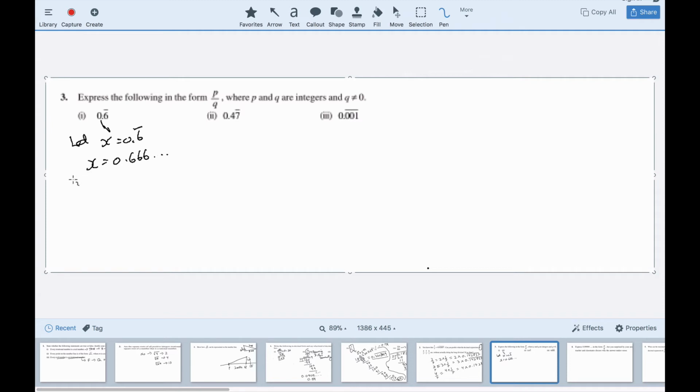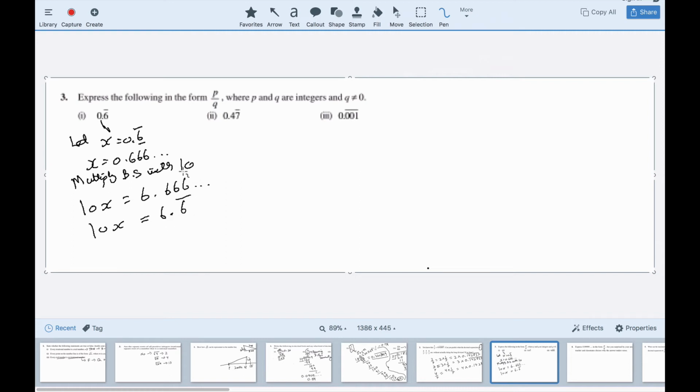So I multiply both the sides with 10. Now why 10? Because after the decimal only one digit is recurring. So I simply multiply it with 10 and I get 10x is equal to 6.666 and so on, which can be written as 6.6 bar.